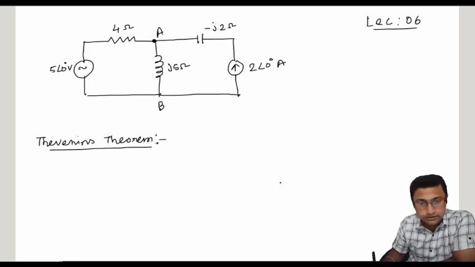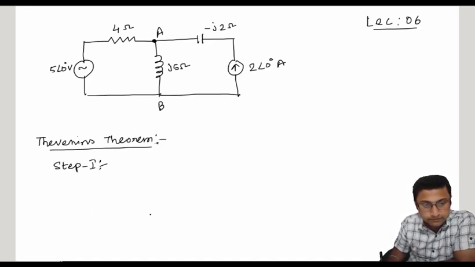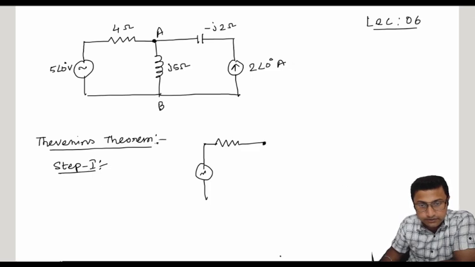If I redraw the circuit again, step 1, this is the AC voltage source and resistance, and this part will be open circuit, and the remaining parts are as they were.